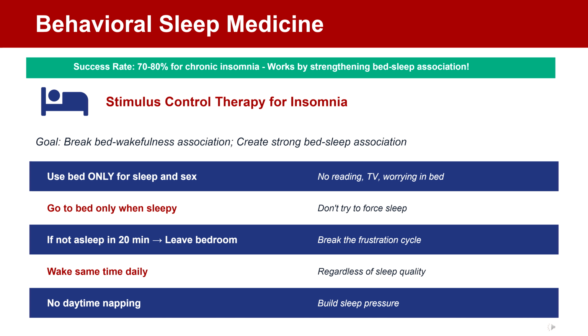Electroencephalogram biofeedback monitors brain waves and can help with attention deficit hyperactivity disorder and anxiety. Heart rate variability biofeedback regulates the autonomic nervous system for stress and post-traumatic stress disorder.